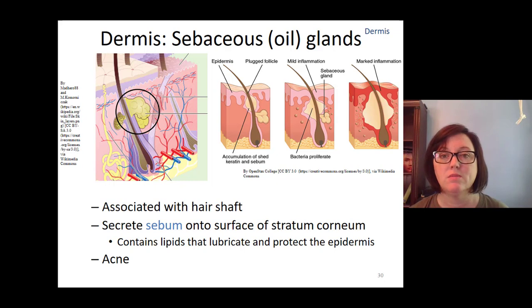So, acne is highly associated with hormones, and this is because certain hormones do cause the sebaceous glands to produce sebum, and that overproduction of sebum can help to clog that pathway, and that can lead to the acne.